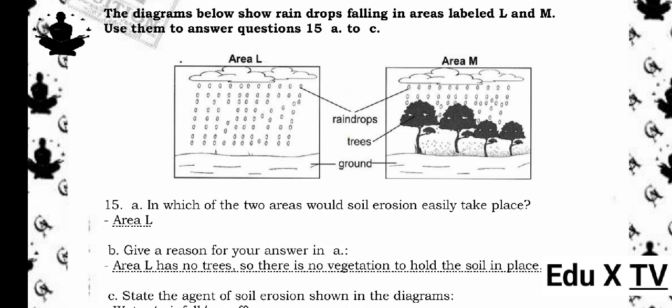45%. The diagrams below show raindrops falling in areas labeled L and M. Use them to answer question 15. 15. A. In which of the two areas would soil erosion easily take place? Area L. B. Give a reason for your answer in A. Area L has no trees, so there is no vegetation to hold the soil in place.